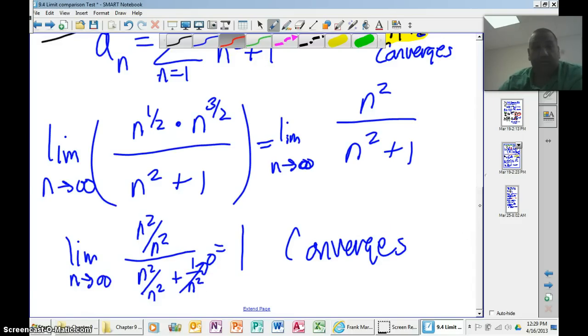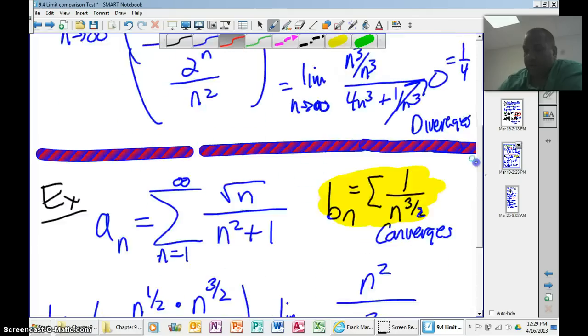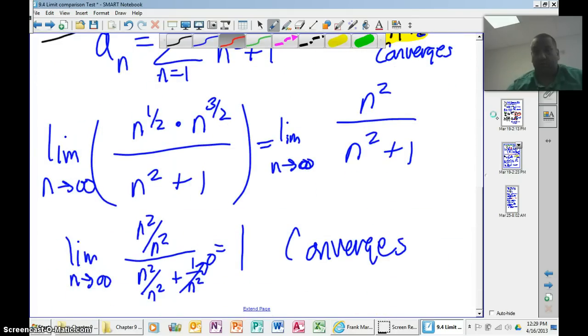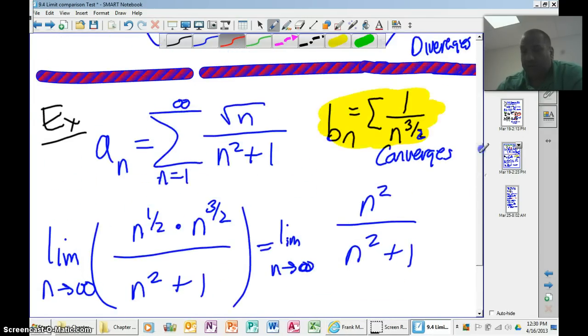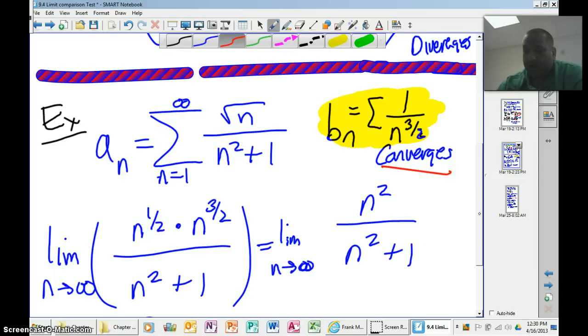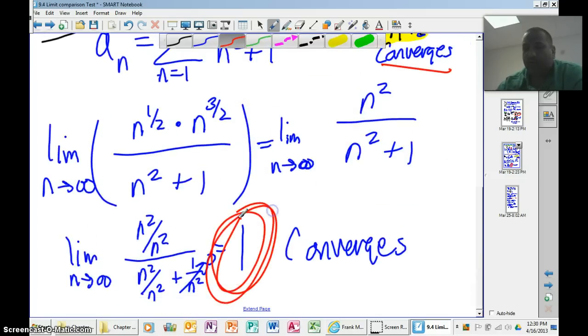The limit comparison test says we have to get something greater than 0 to even have a shot at converging. Well, I know that this is a p-series that converges. So since I got something greater than 0, it will match and it will converge.